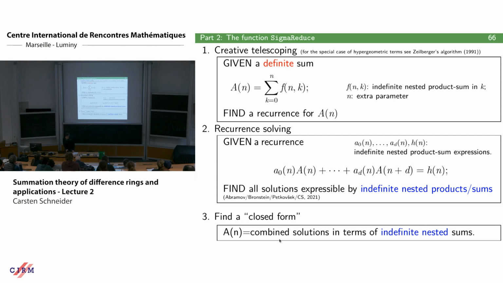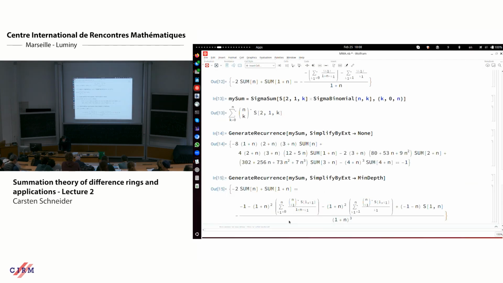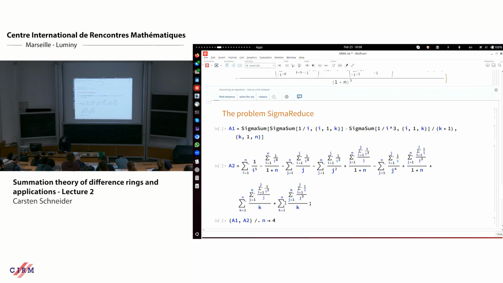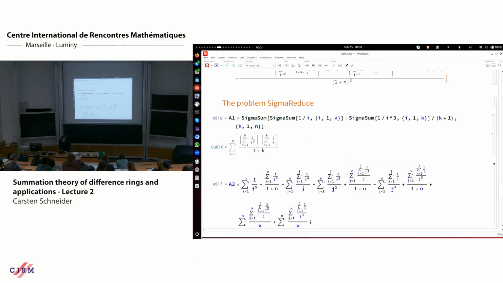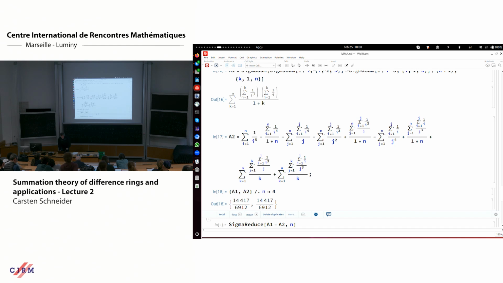I know I'm almost too late, but I want to show you one example of SigmaReduce. Here are two expressions, A1 and A2. A1 equals A2. At one point, I think you can already believe that it's true, but they look completely different, right?